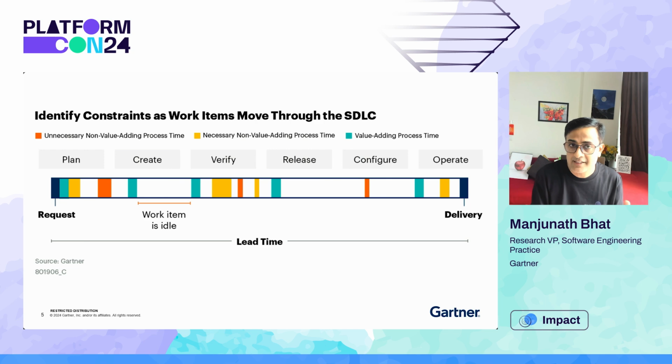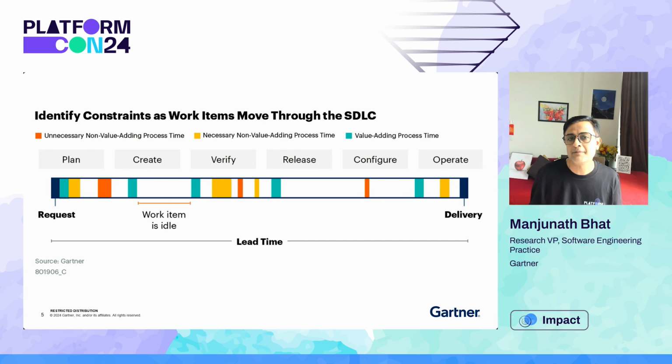You could have other types of constraints where developers are waiting on security approvals and compliance approvals just before deployment, or operations teams might be taking on pre-production checklists. They might be going through a verification process. Now if you think about all of these, some of these constraints may be value adding, but a lot of these could be non-value adding kind of constraints.